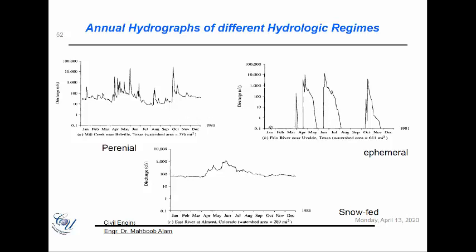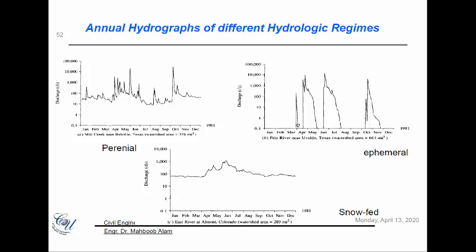Then we have ephemeral kinds of rivers where you have discharge only in particular months of the year. Again, for the same year we have another river, and you see that in January, February and March there is no flow whatsoever, and then the flow only starts showing up when there is a certain precipitation event, for example.